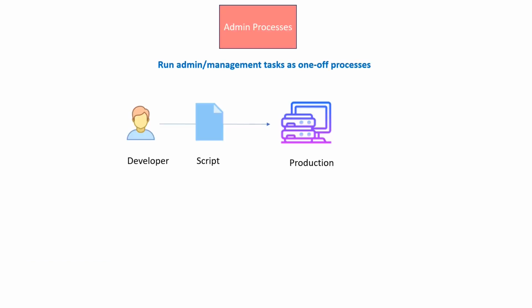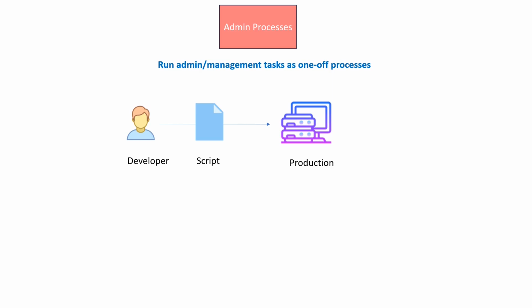Now the last 12-factor principle is admin processes. For any deployment, sometimes we need to run some processes. For example, there would be some DB script to create tables, or some migrations or configurations which are required.